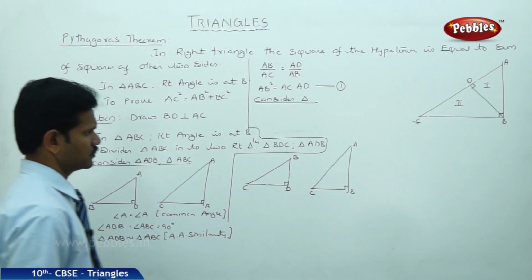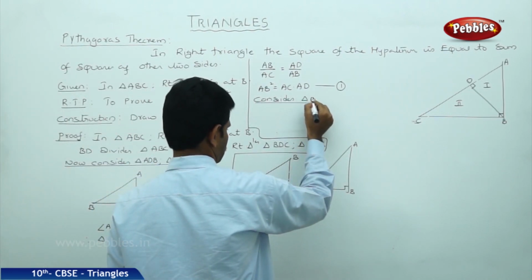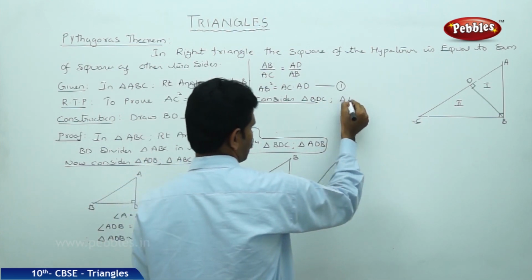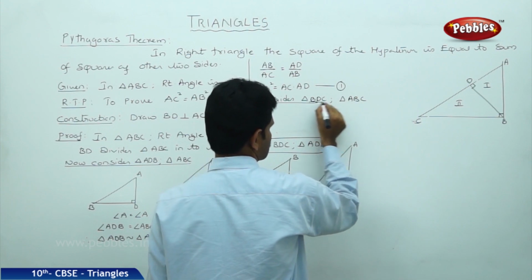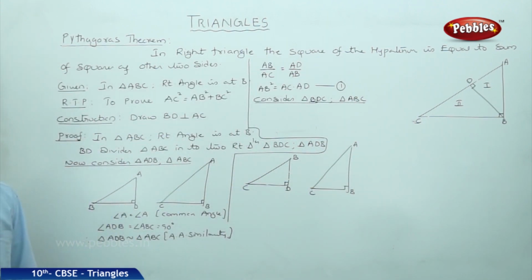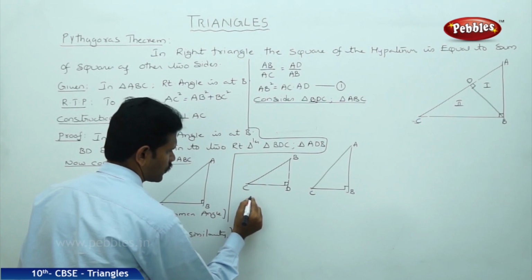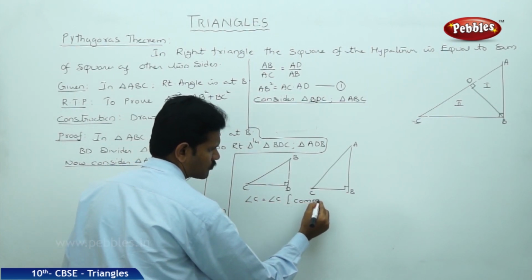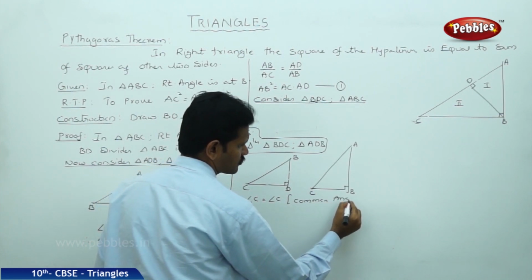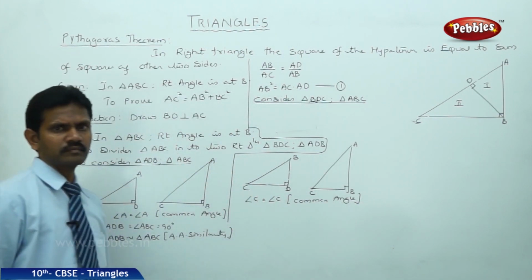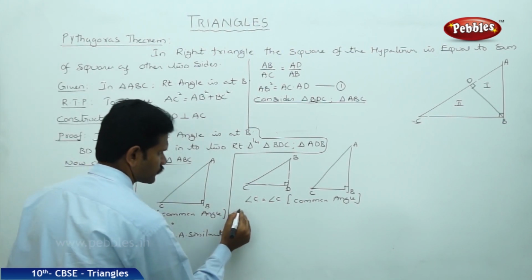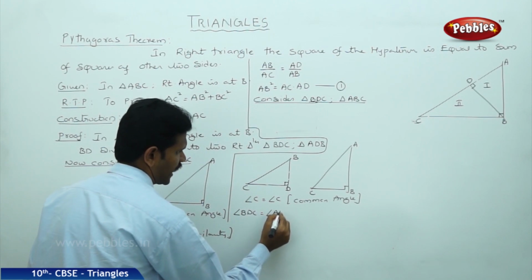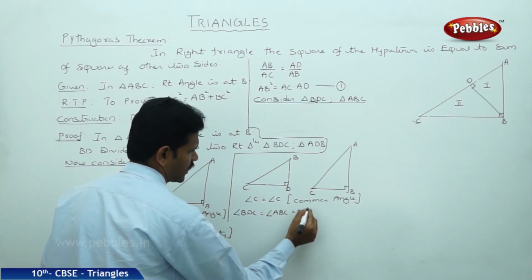Now consider triangle BDC, triangle ABC. Now angle C is equal to angle C, reason common angle, and angle BDC is equal to angle ABC equal to 90 degrees.